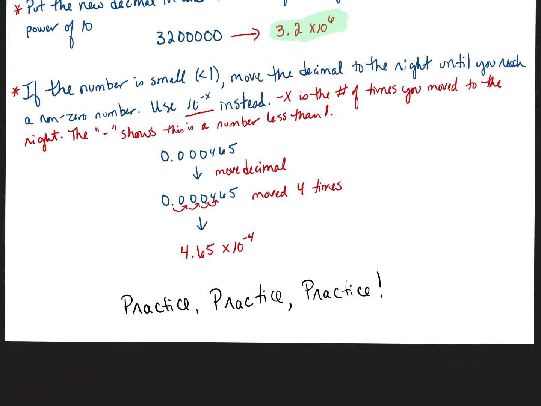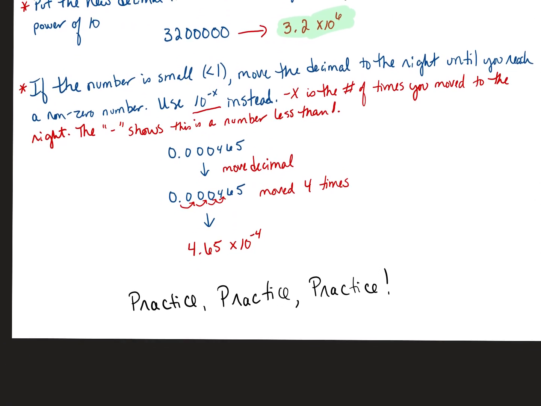Now let's go on down. If the number is really small, so less than 1, we're going to move the decimal to the right instead of to the left until you reach that non-zero number. Now, the difference here is we're going to put this to the negative x. So that's what I was pointing out above. And let's say we have a number like we have right here.